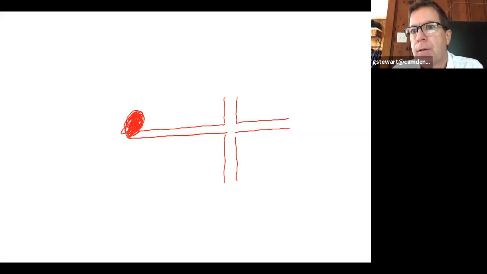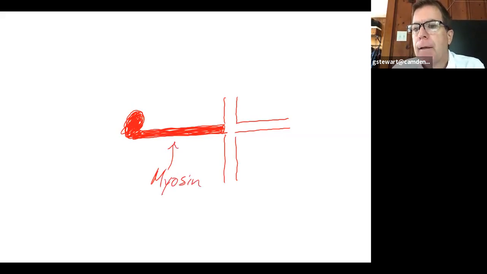I'm using red because that's what your book uses. This is a thick filament. This is what's going on deep inside the muscle cell, okay? Actin, I think your book uses blue, so I'm going to try, different books use different color. This is the thin filament, actin.